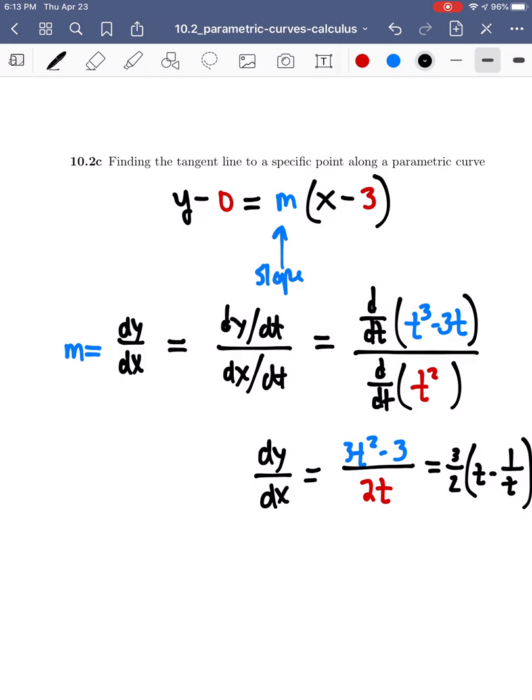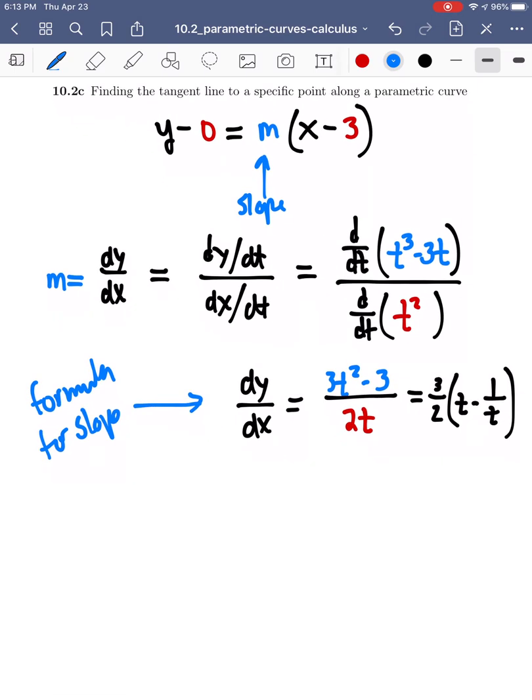And at this point, we have a formula for the slope. In that formula, what we need to do is figure out what t value to put into that slope.